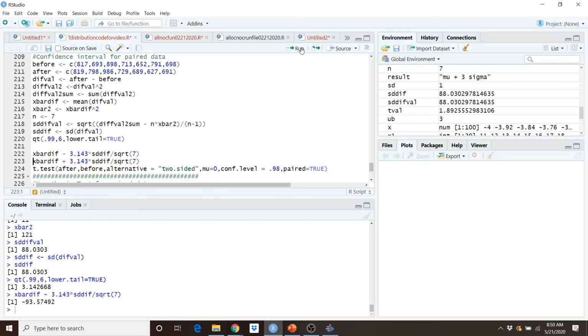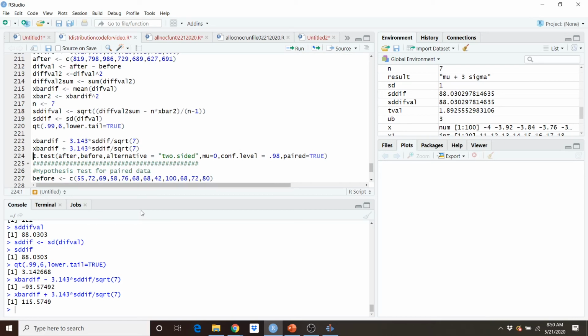And then if I simply add the margin of error to X bar diff, I get 115.5749. And so we would say we were 98% confident that the mean difference in the improvement of these scores is in between negative 93.57 and 115.57.